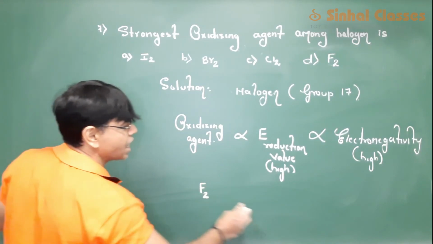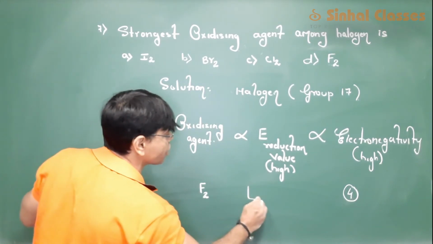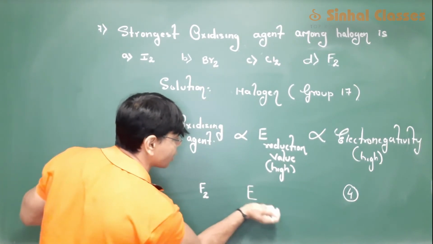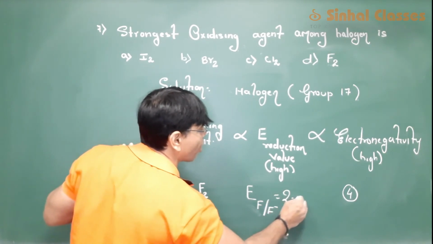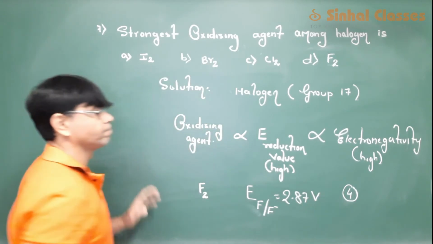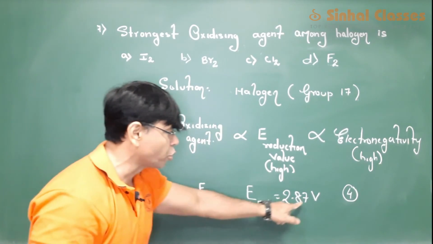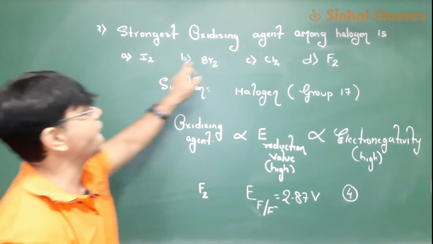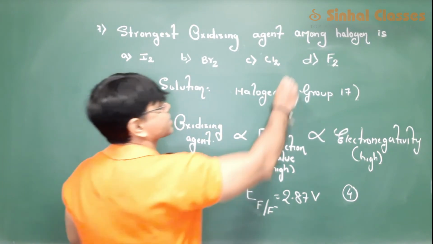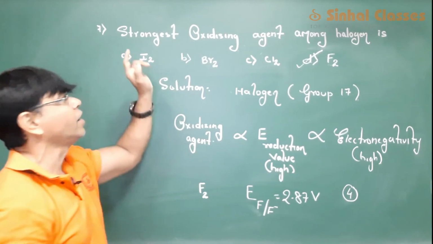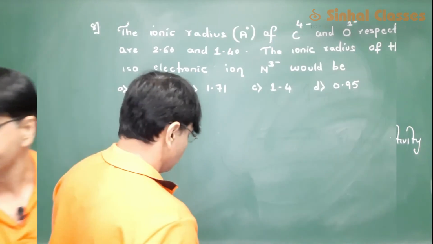F2 has an electronegativity of 4 and its reduction value is 2.87 volt, more than any other element in that group. So definitely your answer is D for question number 7. Now we go for question number 8.